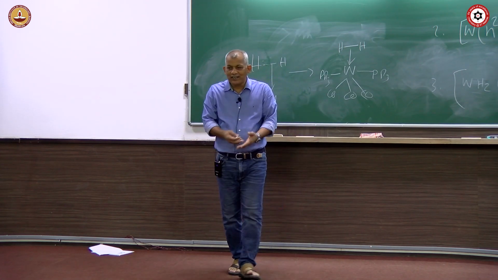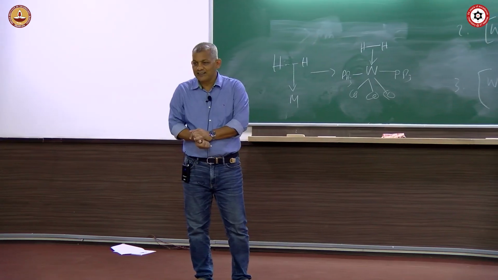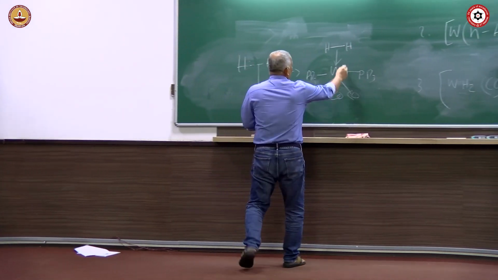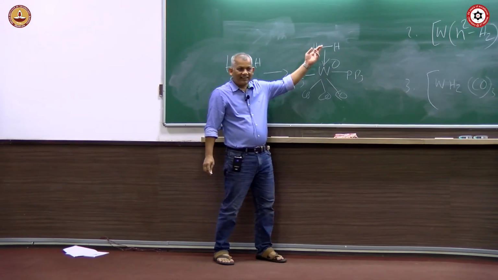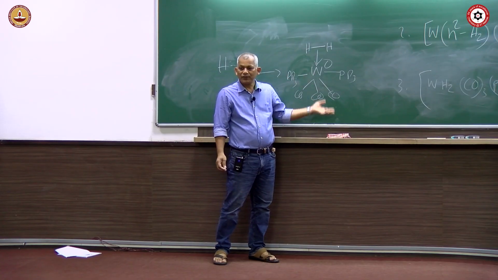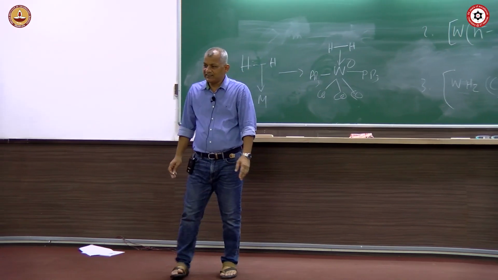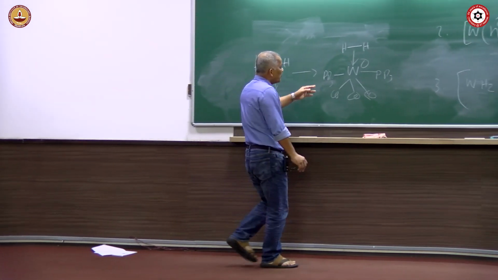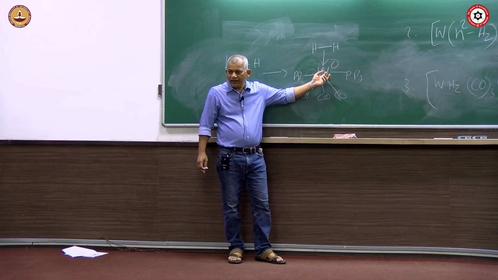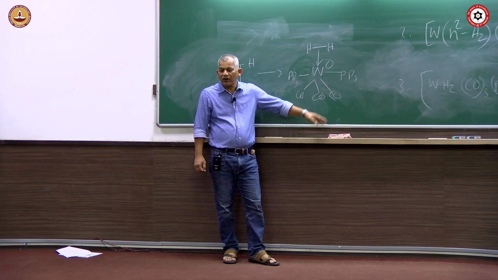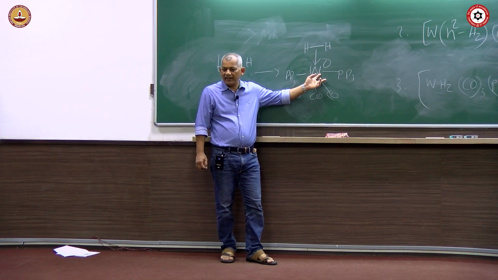Everywhere is neutral. Then where is the oxidation state 3? It's 0. Hydride 0, this 0. So there is no charge, isn't it? So what is the electron count of tungsten? 18. What is the oxidation state? 0, right?